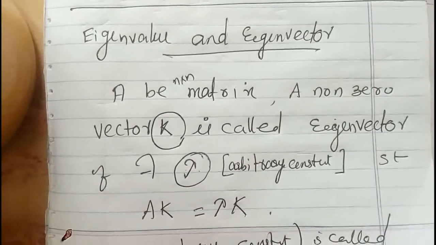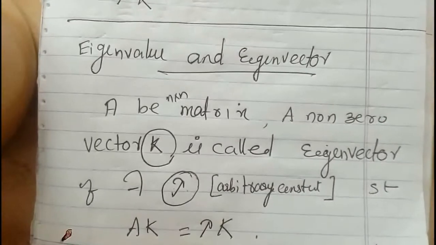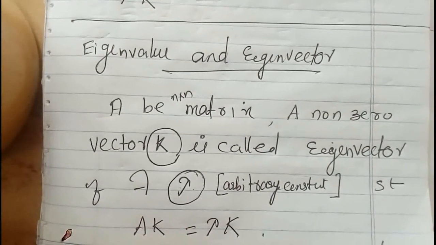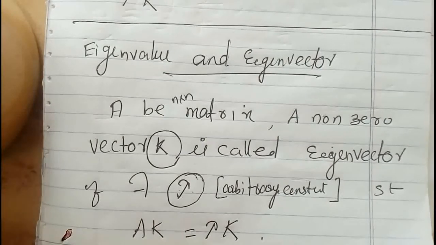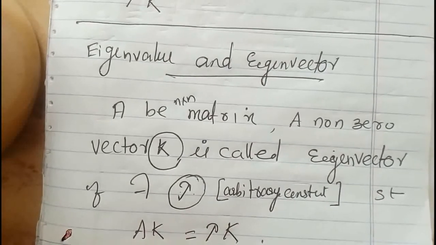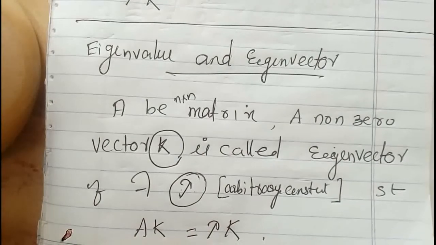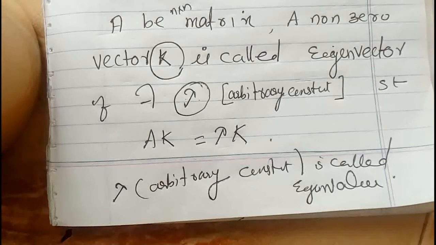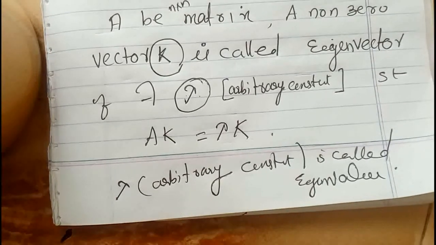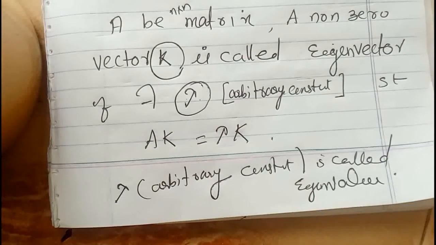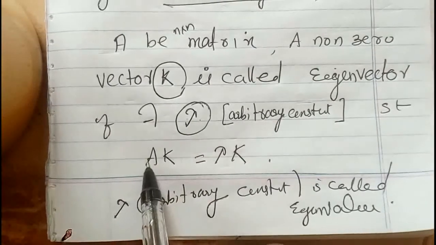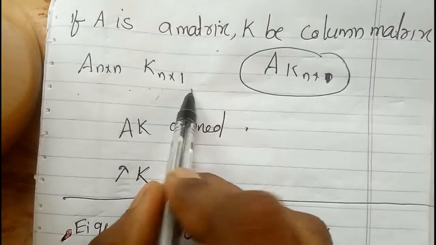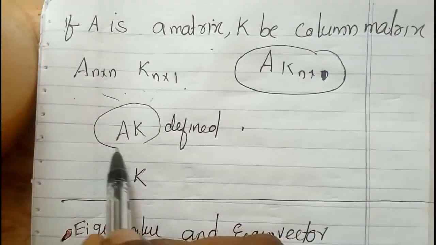Eigenvalue and eigenvector. Let A be an n cross n matrix and K a non-zero vector. K is called the eigenvector if there exists an arbitrary constant lambda such that AK equals lambda K, and lambda is called the eigenvalue. Here A is an n cross n matrix, K is a column matrix, so AK is possible.